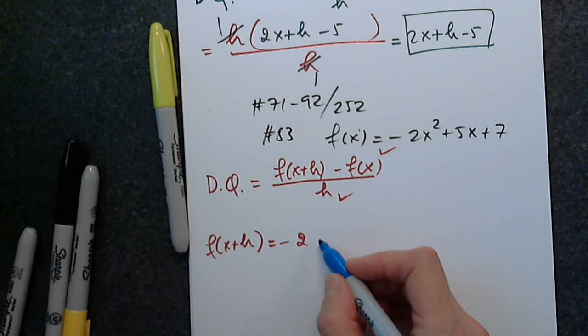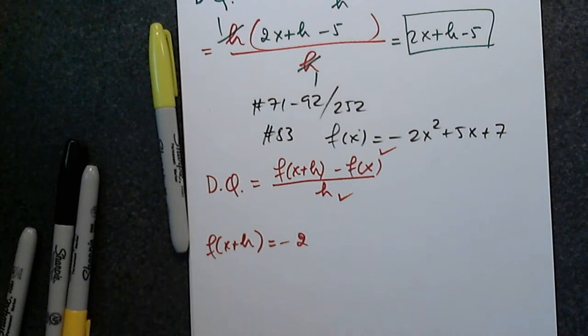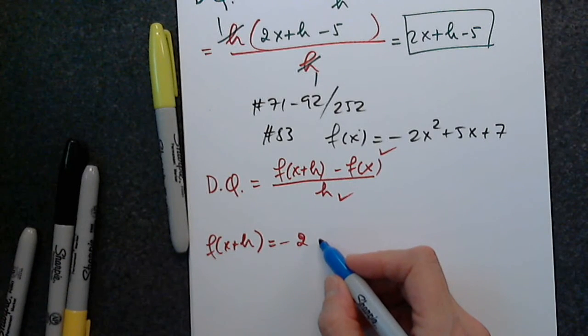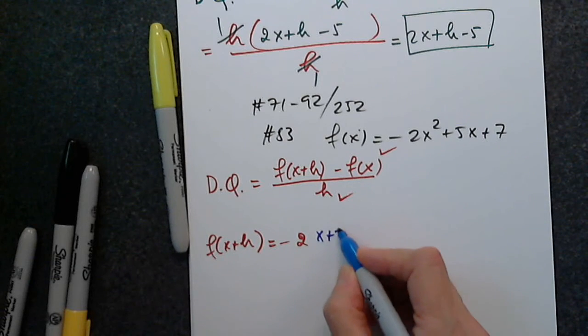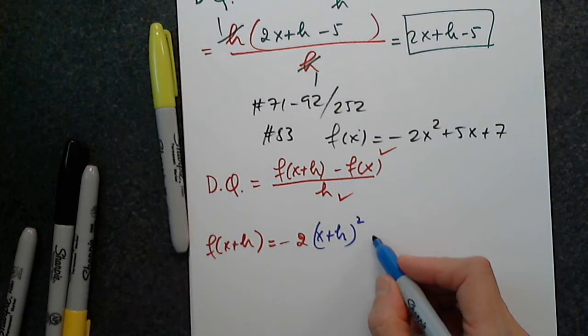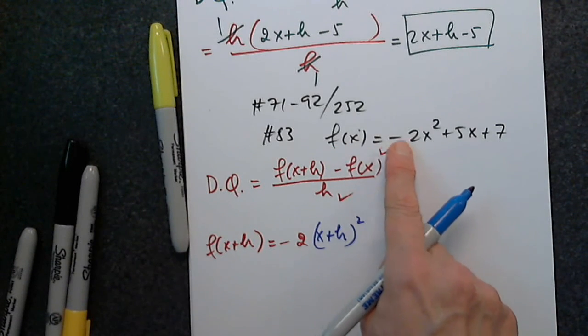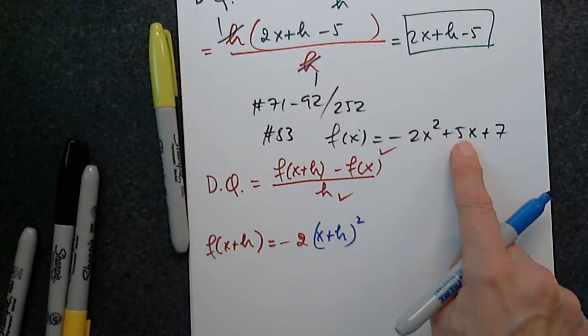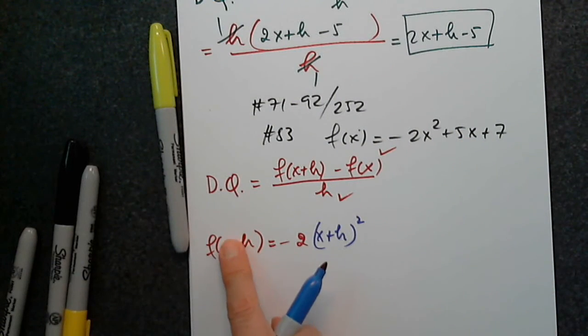Negative 2x squared, since our x squared, so that goes in x. F of blah is negative 2 times blah squared plus 5 times blah. Blah is x plus h.